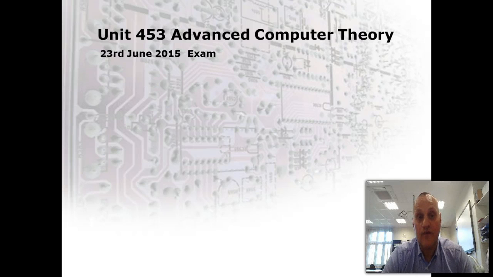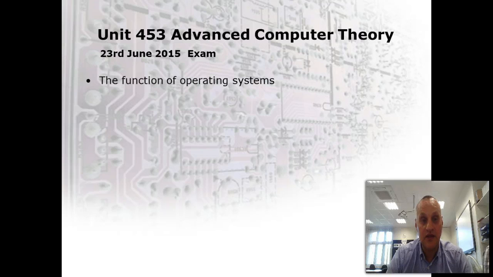Unit F453, Advanced Computer Theory. The exam for that is on the 23rd of June 2015, and it's, like I said, a 120 mark written exam. You will cover the functions of an operating system. This is usually done at the end. It's the last one that we teach because it encompasses lots of the other sections.